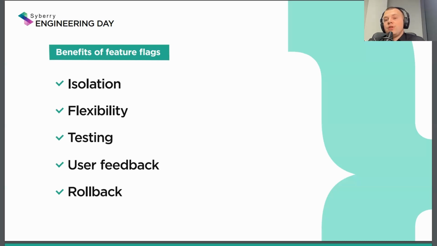Overall, the future of software development looks bright, with trunk-based development leading the way towards a more agile, collaborative, and efficient software development team. That's pretty much it for today.